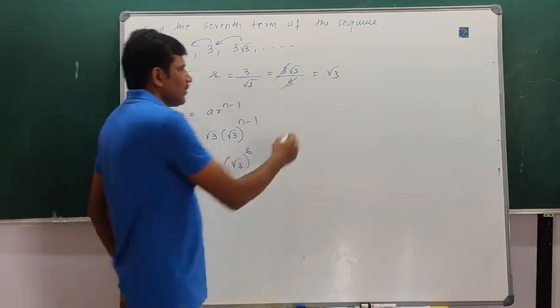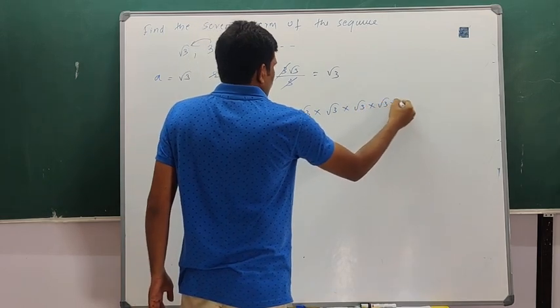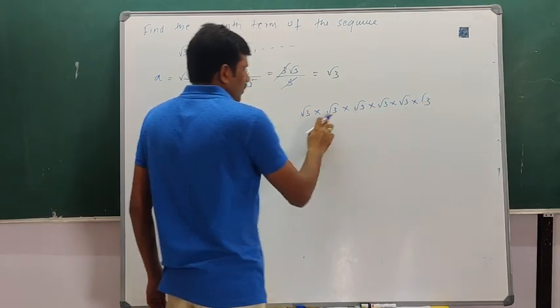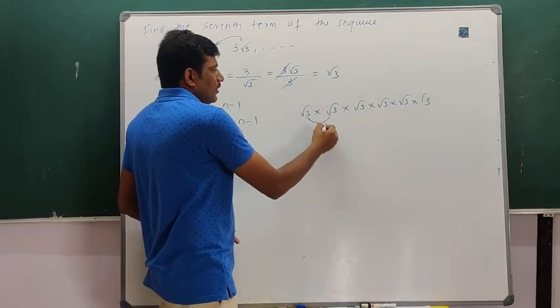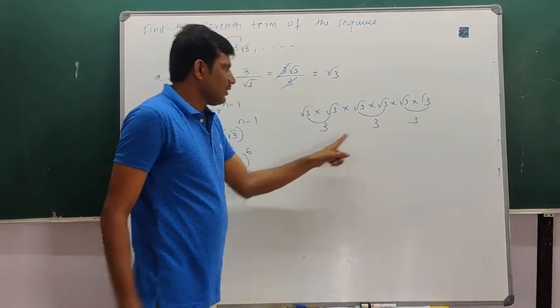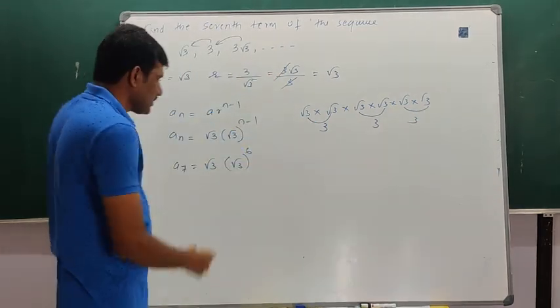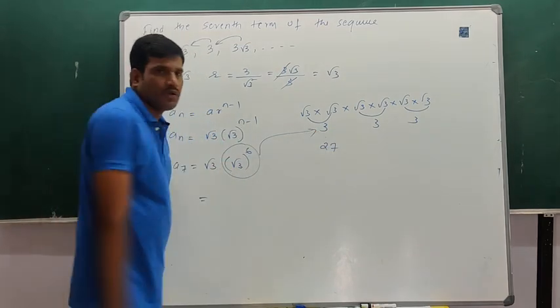Now what is root 3 power 6? That is root 3 into root 3 into root 3 into root 3 into root 3 into root 3, that is 1, 2, 3, 4, 5, 6. What is root 3 into root 3? 3. Root 3 into root 3 is 3, root 3 into root 3 is 3. 3 3s are 9, 9 3s are 27. So root 3 power 6 is 27.